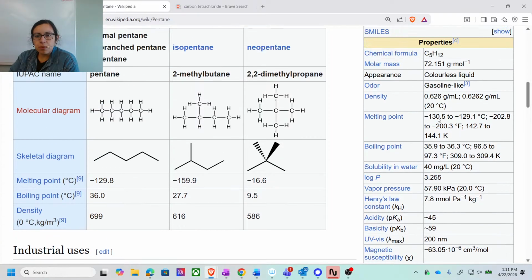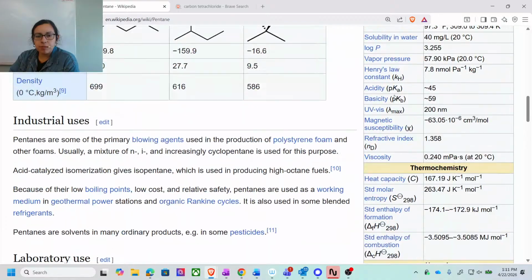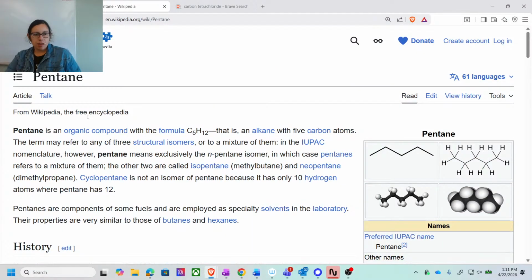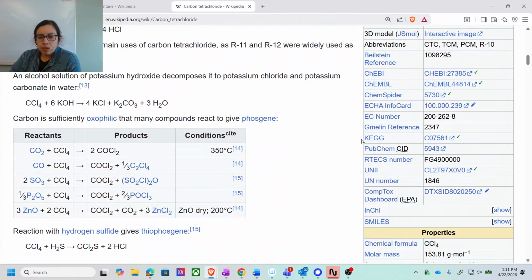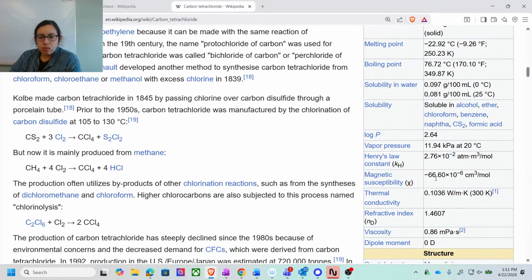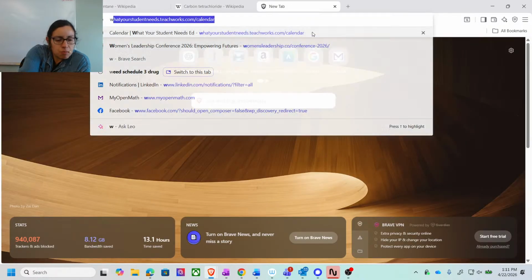Water is going to be polar, so we'll look at that. Do we not have a dipole moment for this one? Okay, never mind. Let's try carbon tetrachloride. Carbon tetrachloride has a dipole moment of 0, just what y'all predicted. And now let's look at water.